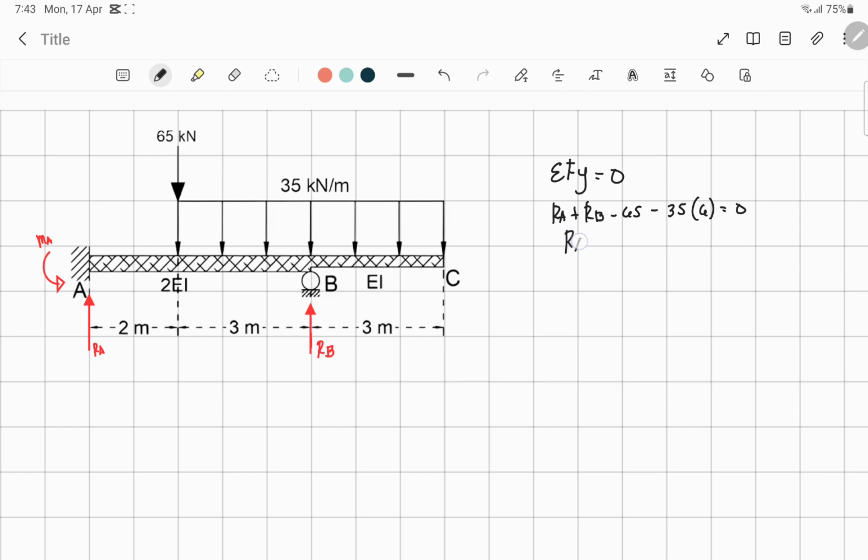Therefore, RA in terms of RB is equal to 65 minus 35 minus 6. So check nyo na lang yung mga computations sa aking video. Okay? Pero I assure you na tama yung mga yan.